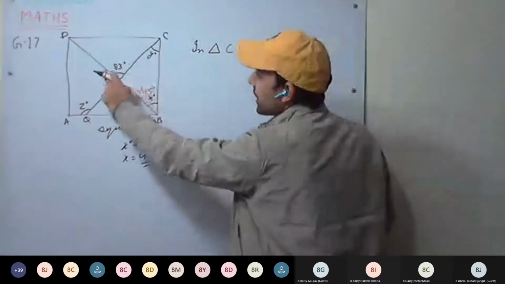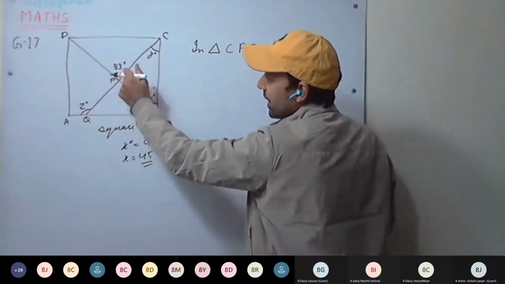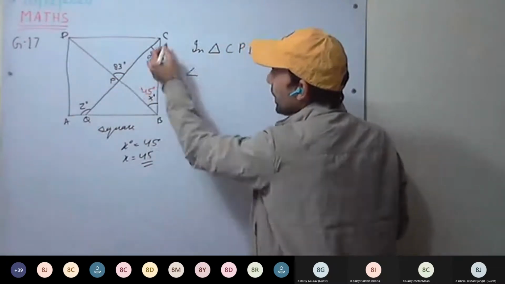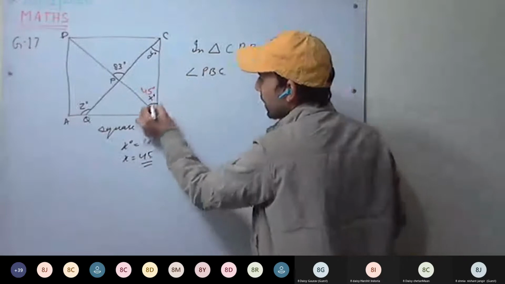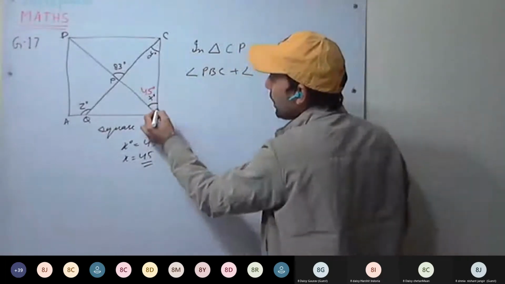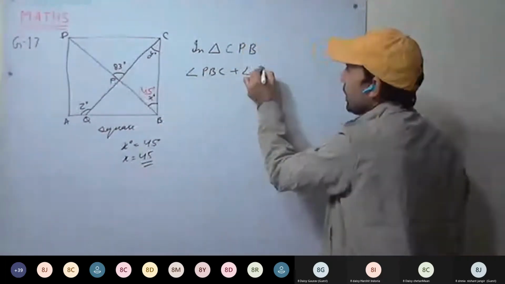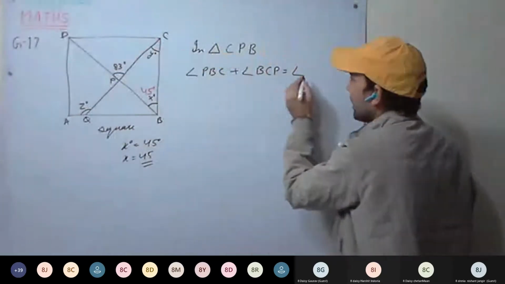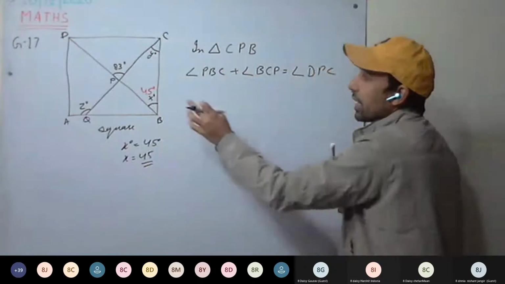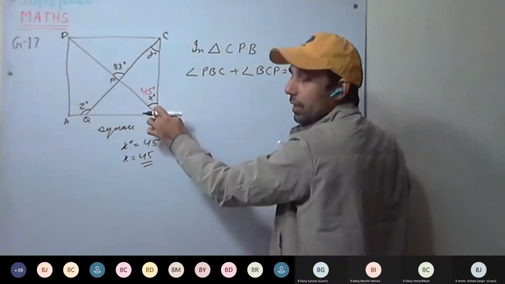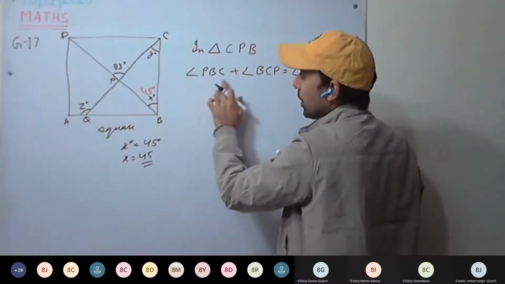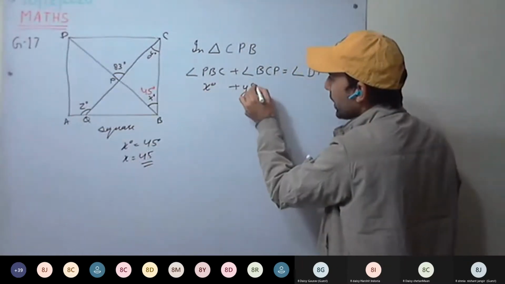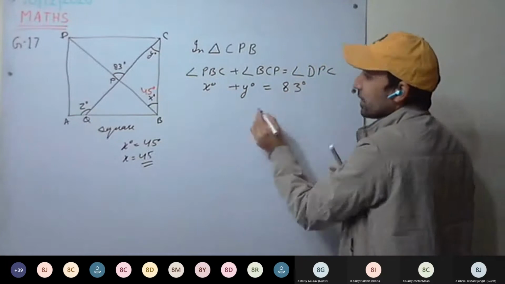In triangle CPB, what is the exterior angle? DPC is an exterior angle. So see here, angle PBC plus angle BCP equal to angle DPC. Exterior angle equal to sum of the interior opposite angles. X degree plus Y degree equal to 83 degree.